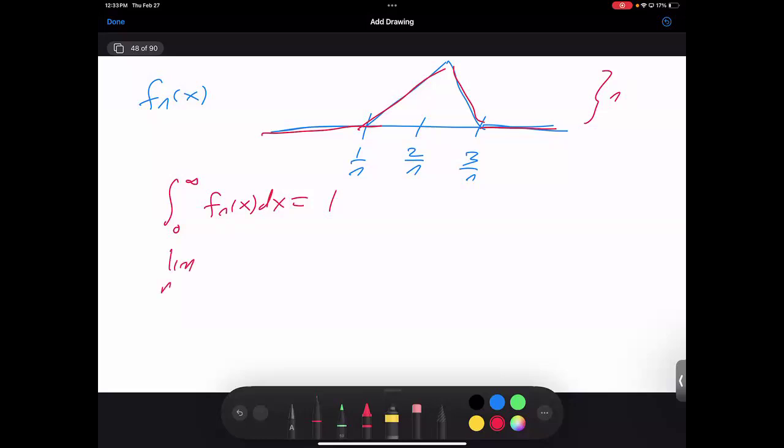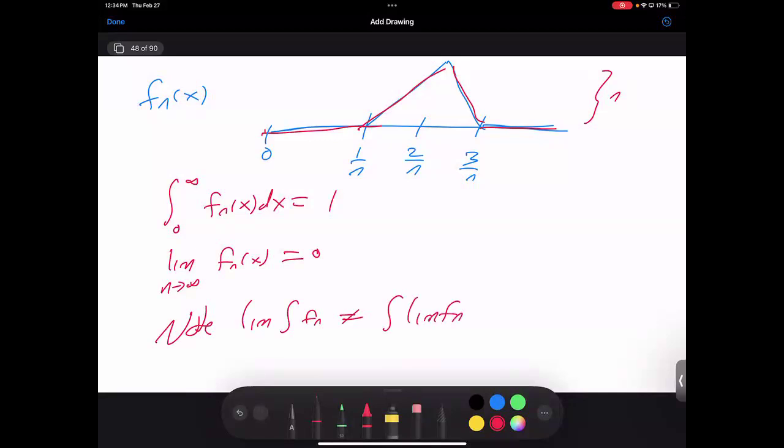What's the limit as n goes to infinity of Fn of x? No matter what point I give you, it's always 0. If x is 0, it's clear that it's 0. If x is not 0, choose n so large that 3 over n is less than x. So note the limit of the integral of Fn does not equal the integral of the limit of Fn.